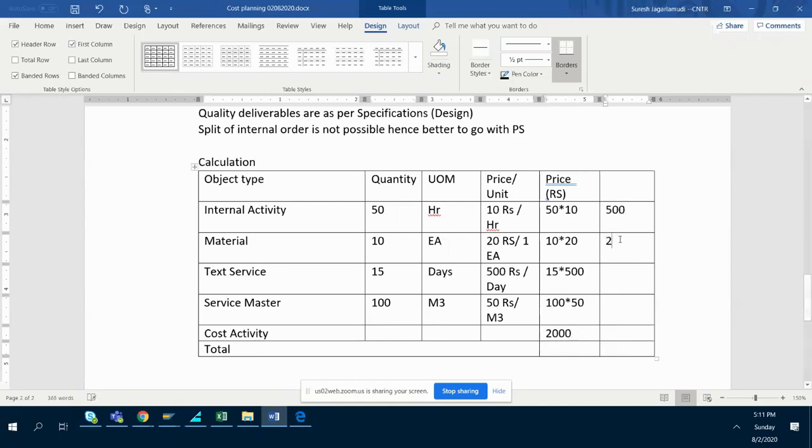Calculated one, it is 200, it is 750, it is 5,000 and 2,000. So 7,750, 9,750 and 8,450. Maybe if you are right, this is what it is.